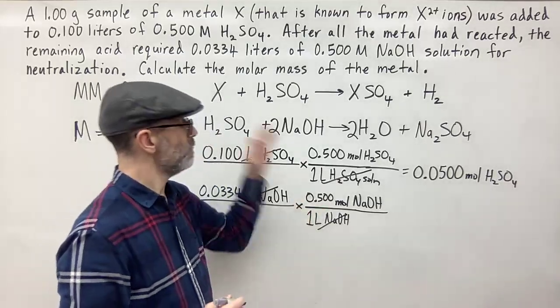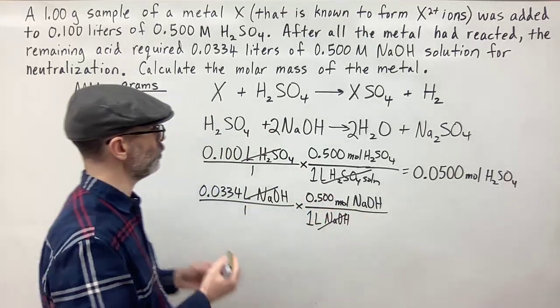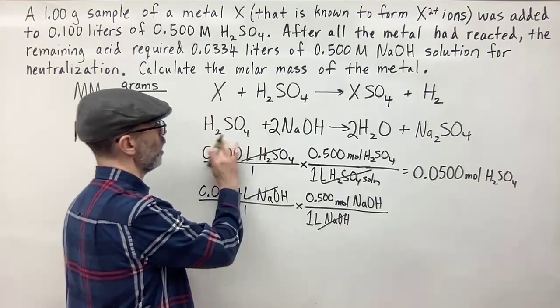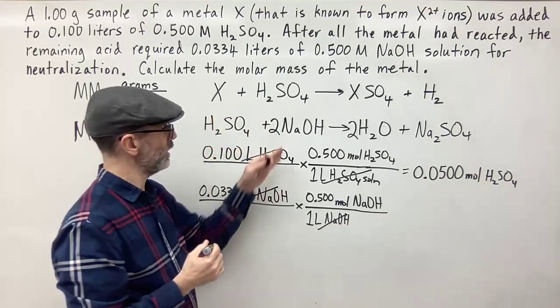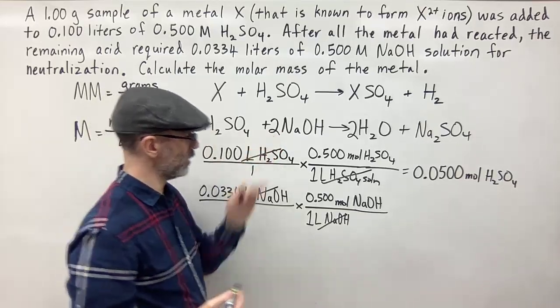So now I can convert moles of NaOH to moles of H2SO4 using the mole ratio in my equation. I know that for every 1 mole of H2SO4 I have, it requires 2 moles of NaOH to neutralize it. So it's a 1-to-2 ratio.